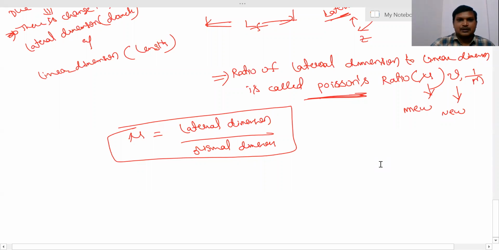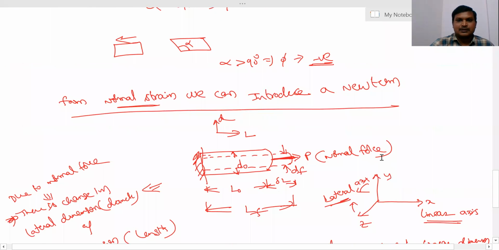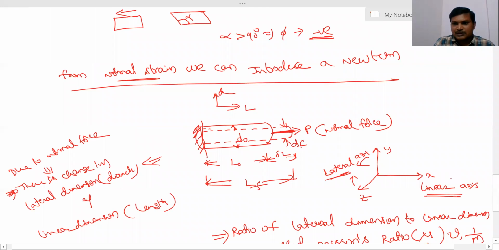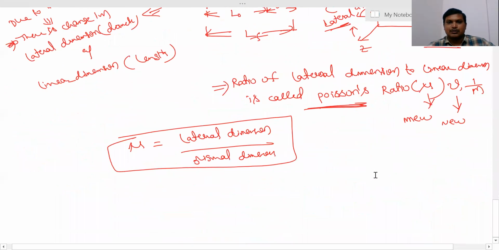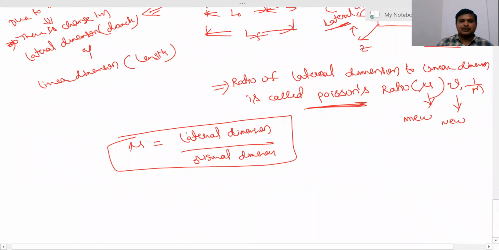From this diagram, the linear axis we call the primary axis and the lateral axis we call the secondary axis. Our length is always the primary member, that is why this is the primary axis lengthwise. Lateral wise, it is the secondary member.